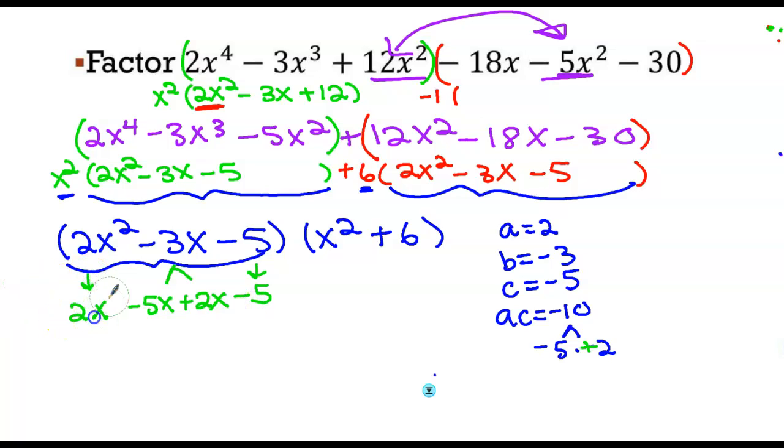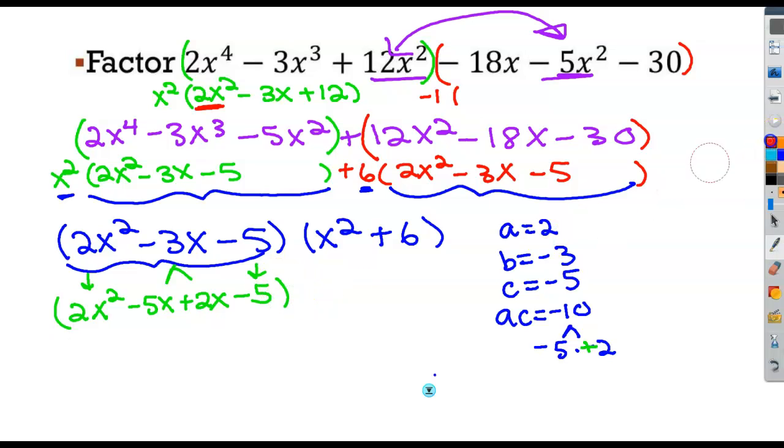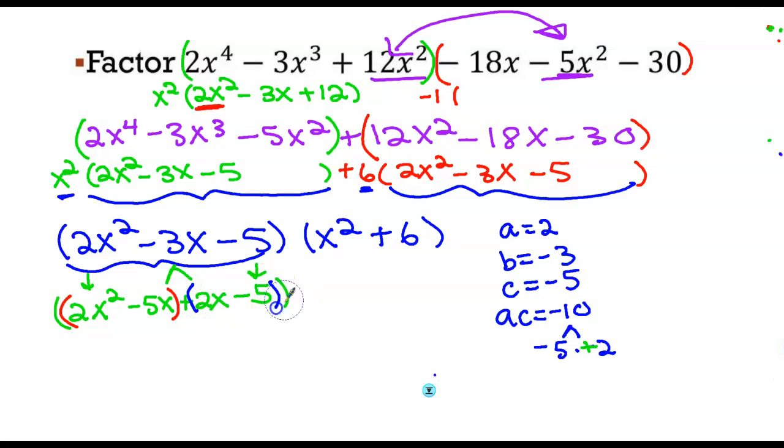And then 2x squared. What's nice about this part is that even though I'm about to do grouping, it's much quicker and easier because it's just quadratic. In my first group, I have an x in common, and I'm left with 2x minus 5.